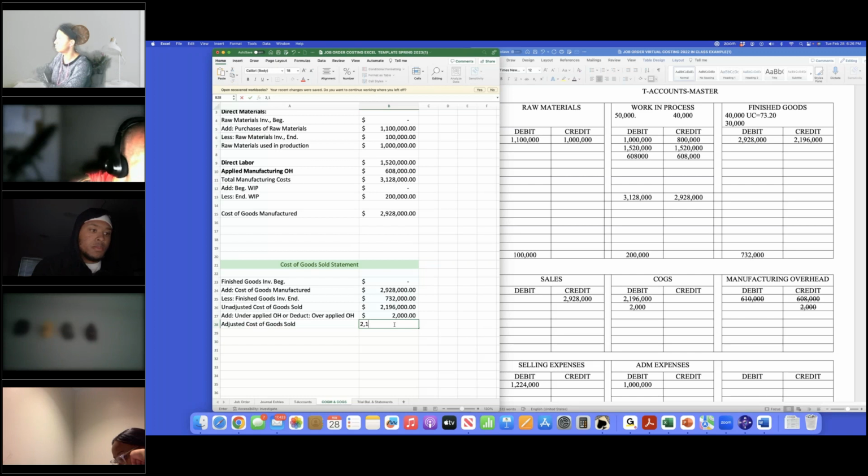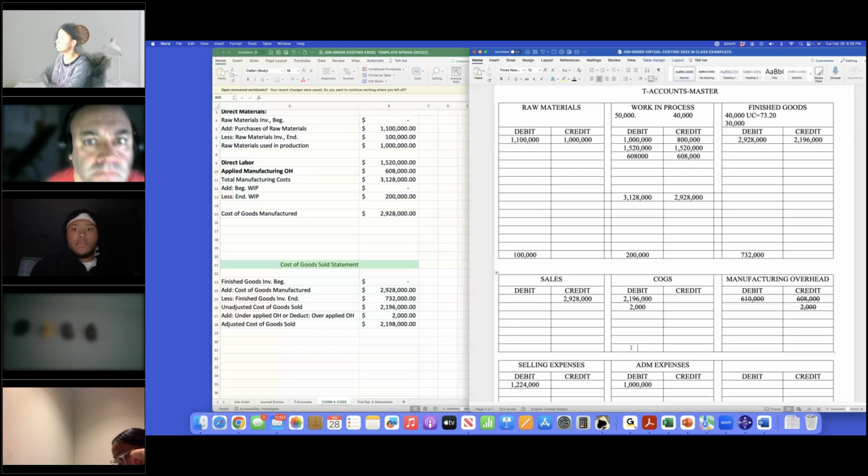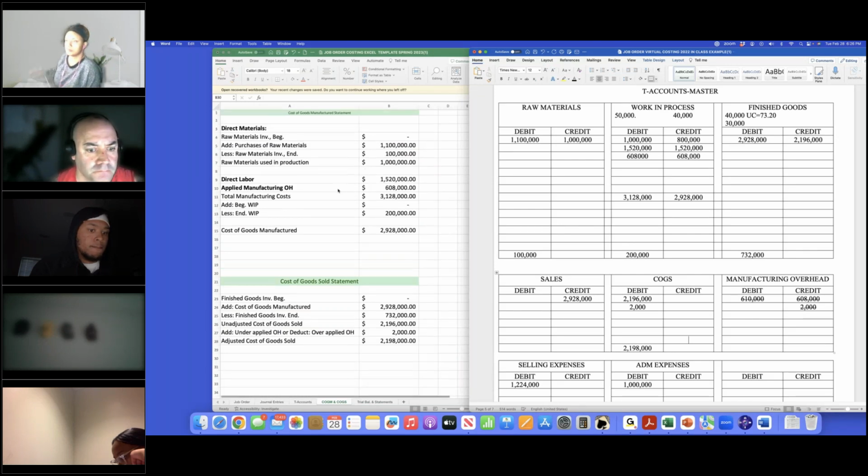If we add these two numbers up, we come up with 2,198,000. So as you're working with this, this is why I put these T accounts up here, and we just dwelt on the key T accounts related to cost of goods manufactured and cost of goods sold.